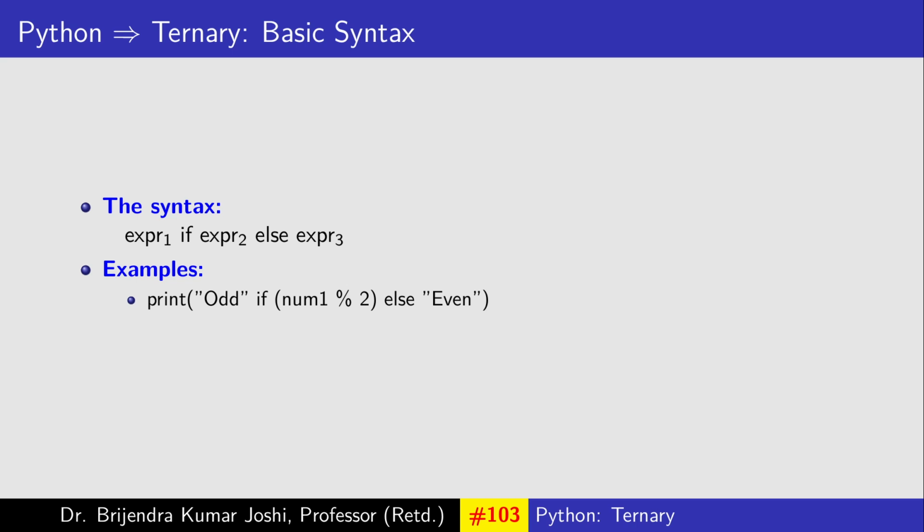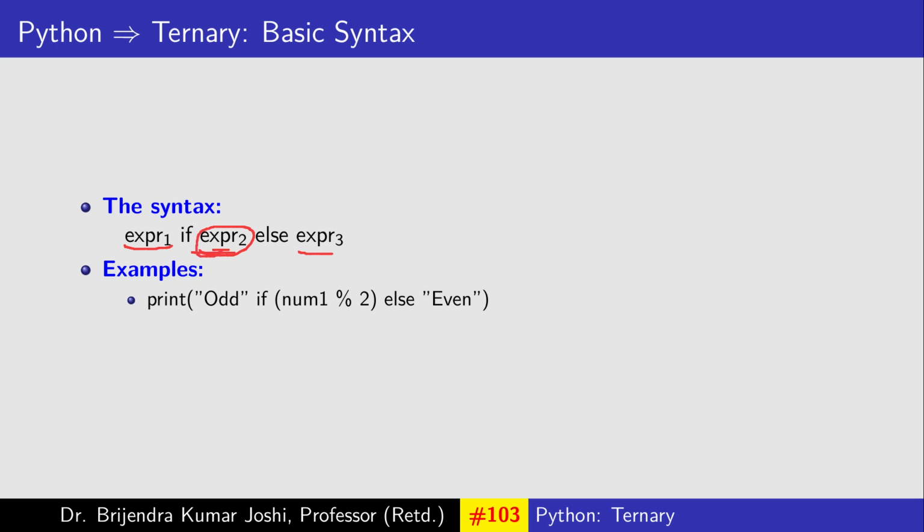The syntax is simple. It returns expression 1 if expression 2 is true, else expression 3. These expressions can be any expressions which evaluate to a numerical value. Expression 2 has to evaluate to a numerical value.